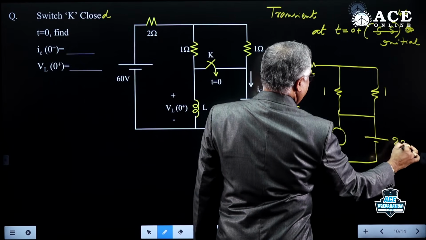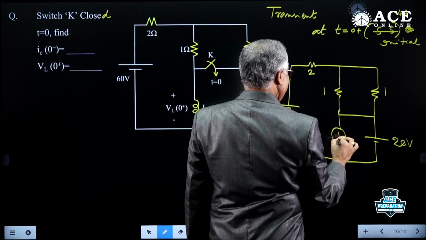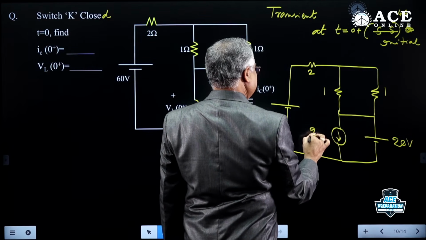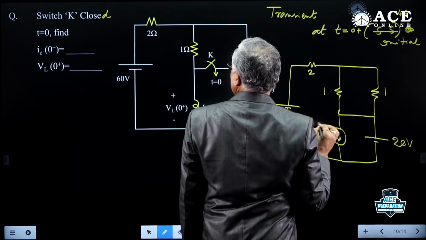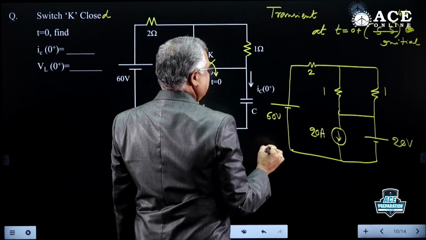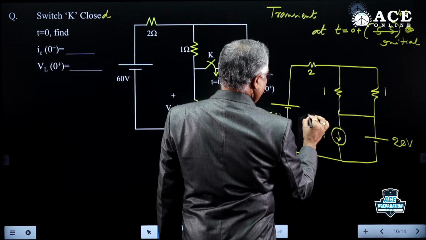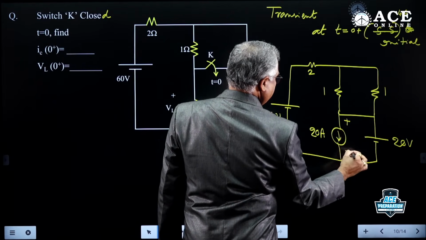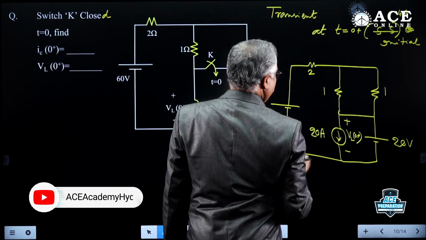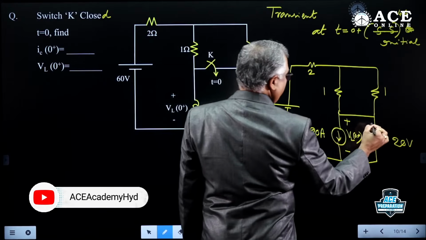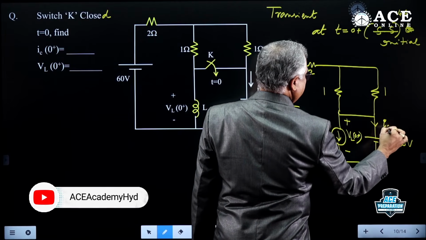VC(0+) we got is 20 volts. IL(0-) we got is 20 amps. We want VL(0+). This is VL(0+). This is IC(0+).